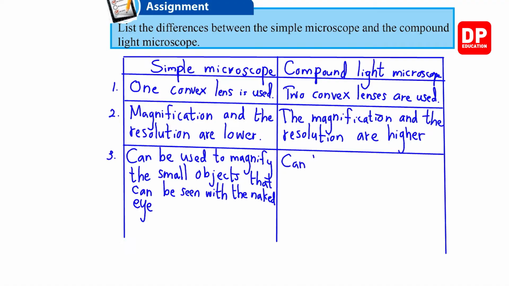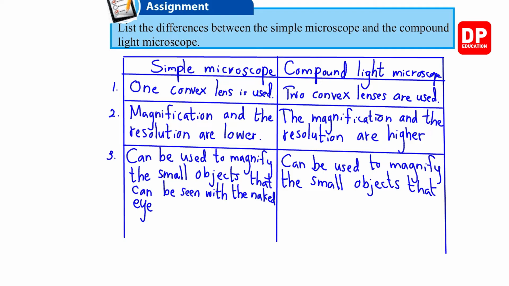Compound light microscope: can be used to magnify the small objects that cannot be seen with the naked eye.